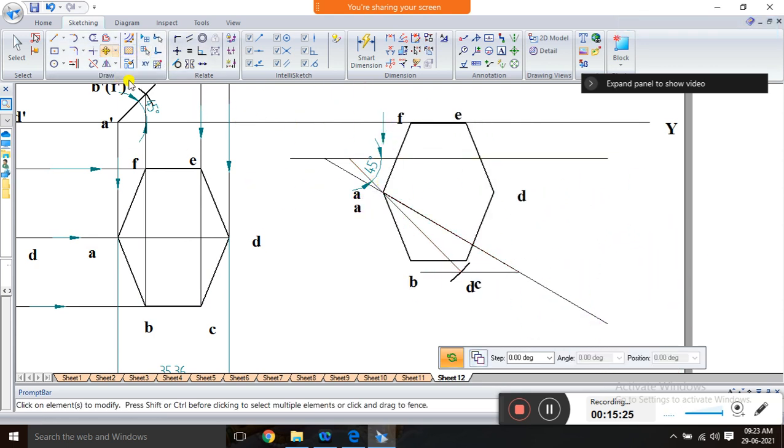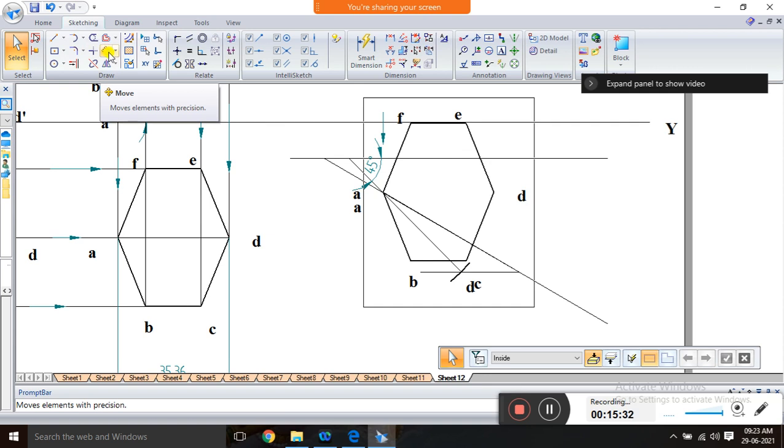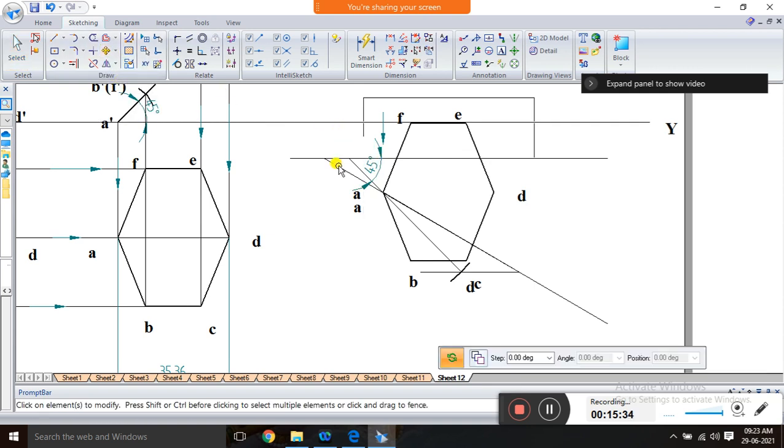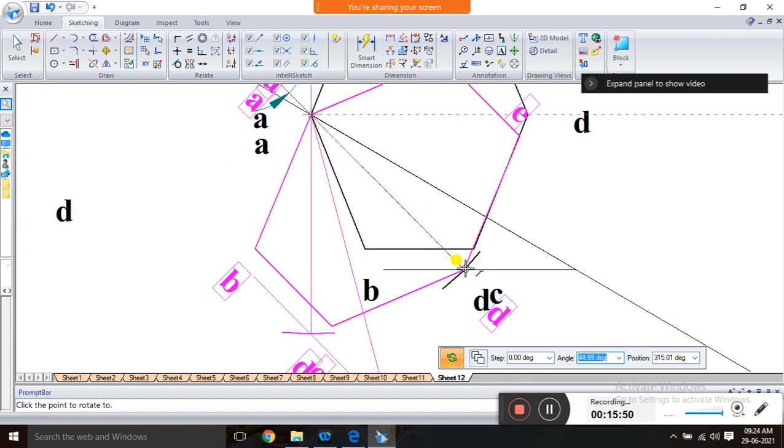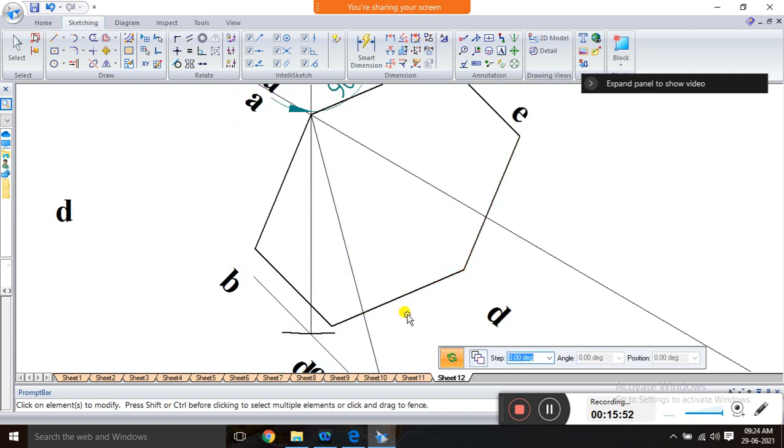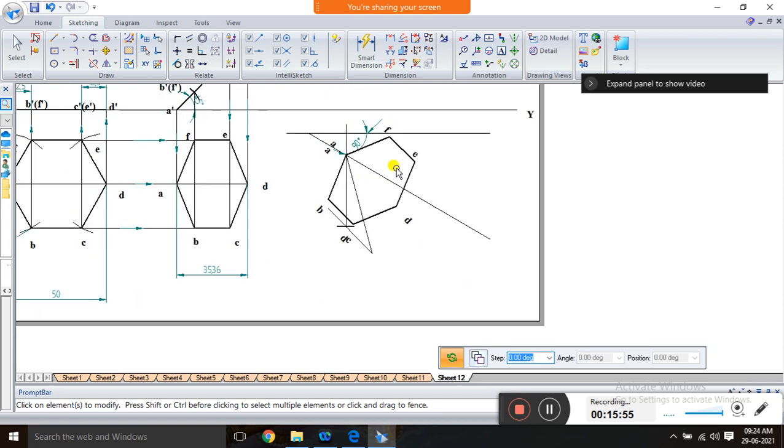And after the moving, you select the rotate option. This is the first point and this is the second point, and exactly on this beta angle place it. Clear? So this is the system way of reconstruction.